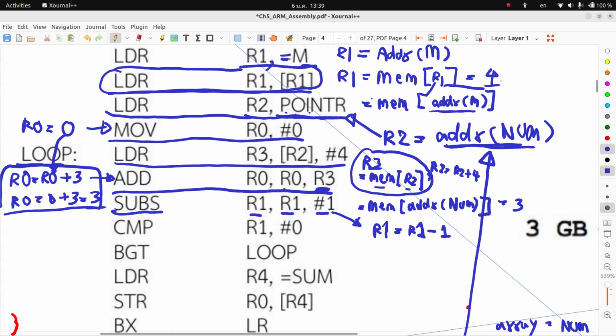R1 is 4 because M is initialized to 4. So it's going to be 4 subtract 1. Right? So 4 here shows up here. Subtract 1 becomes 3.